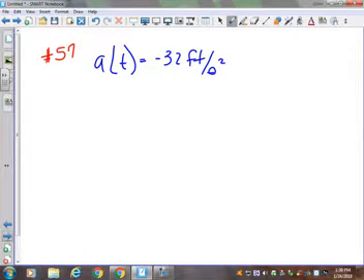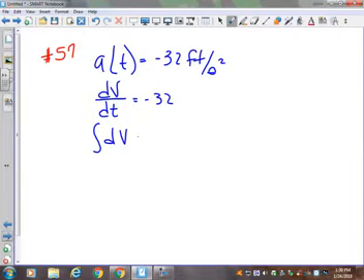Now, what you may not be aware of until you think back to what we did before is that this came from taking the derivative of velocity. So this is also dv over dt. So I'm going to integrate dv on one side and integrate negative 32t dt on the other side to get my velocity formula.